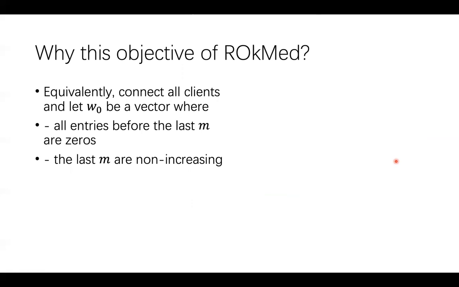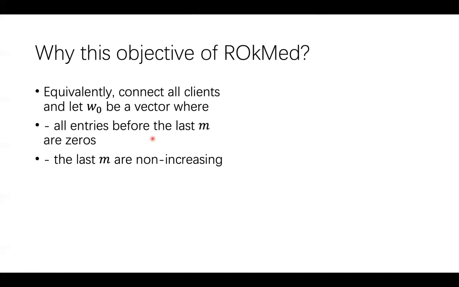Equivalently, instead of connecting only m clients, we can connect all of them and use another vector called w0 as a replacement for w, the weight vector. In w0, all the entries before the last m are zeros, and the last m possibly non-zero entries are non-increasing and non-negative.